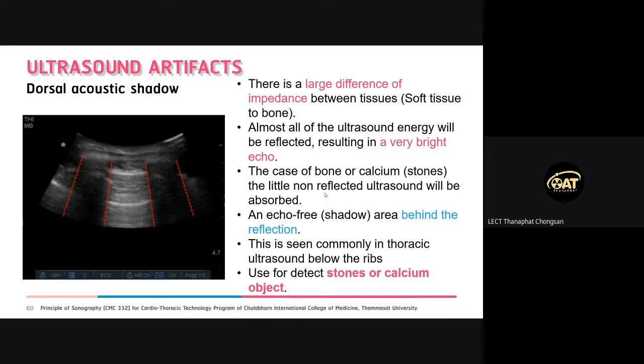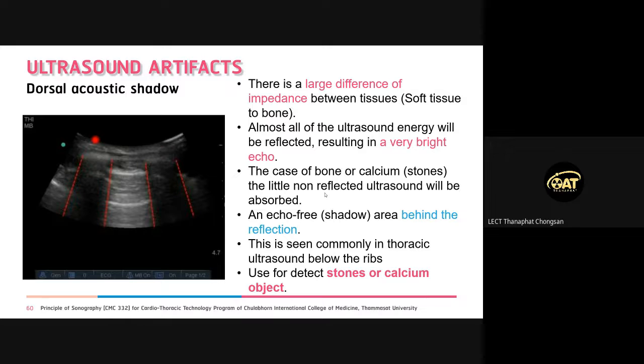When the sound wave moves from tissue to bone or calcium stone, the wave reflects back to the original.